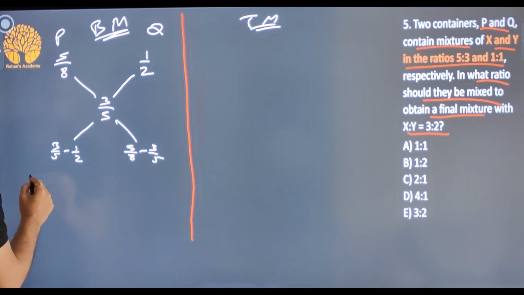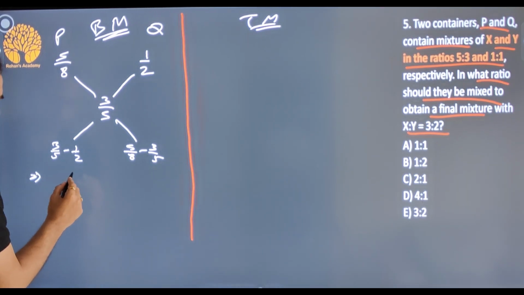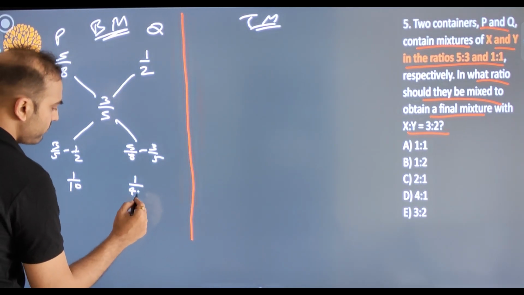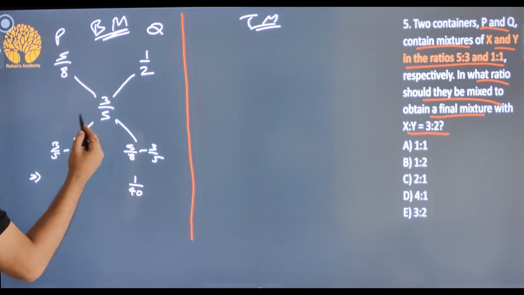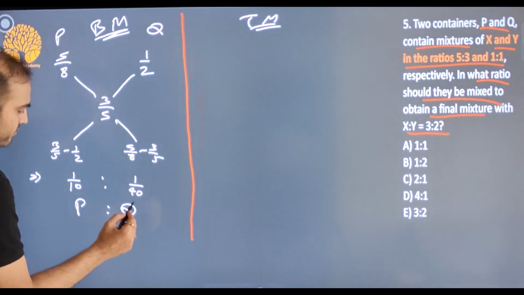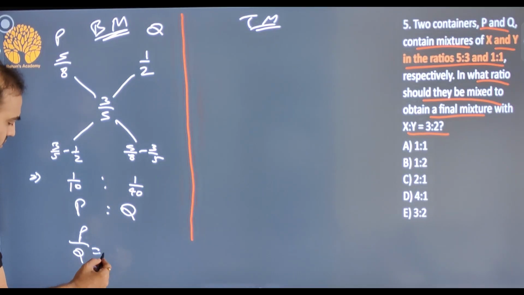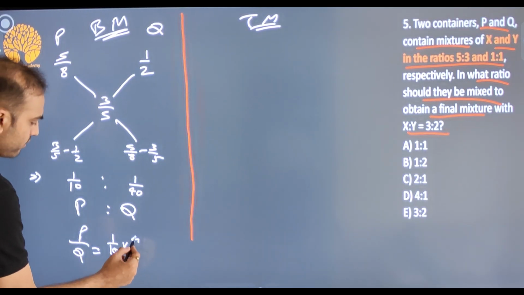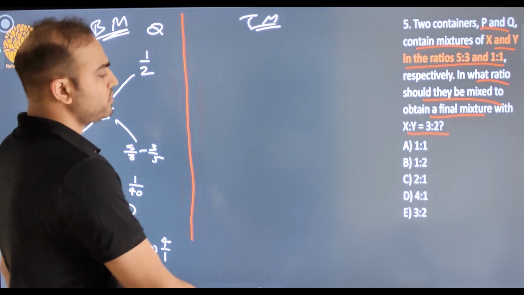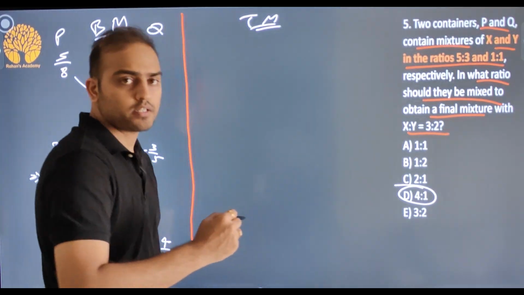We solve this, that is 1 by 10, and this is 1 by 40. Now the quantity ratio is the difference ratio. So P by Q is 1 by 10 over 1 by 40, that is 4 by 1. So 4 is to 1.